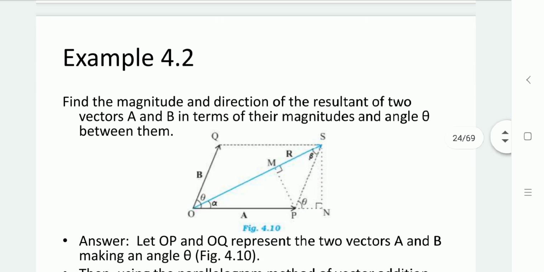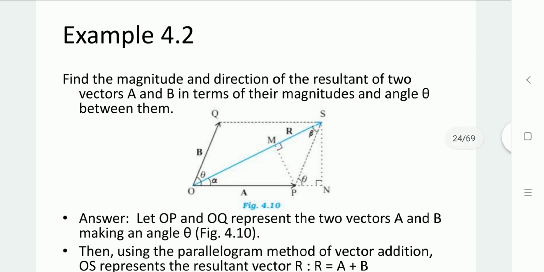So this is how we can define addition or subtraction by using the analytical method that can be represented in 2 dimensions as well as 3 dimensions. We can add 2 vectors as well as 3 vectors. Clear? Let us take an example regarding the same.